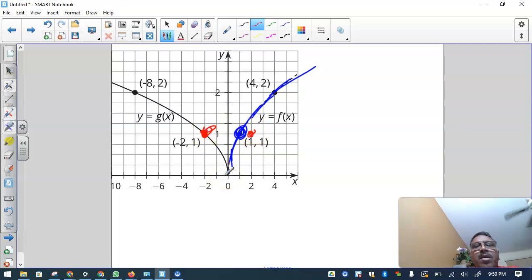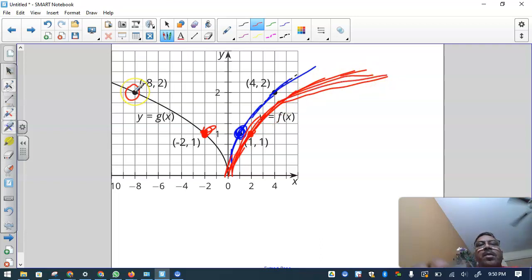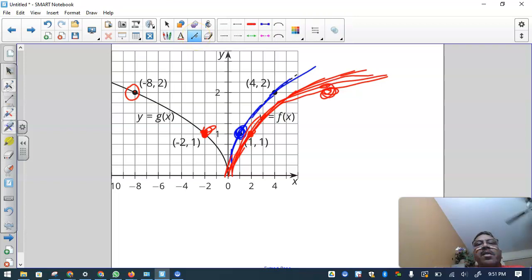So the blue graph first is like a stretch. This point will be somewhere here, like this. So this point moves somewhere here, maybe. So basically what I'm trying to say is that there is a stretch and then it reflects.